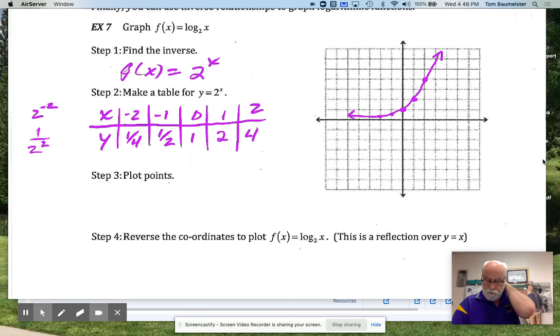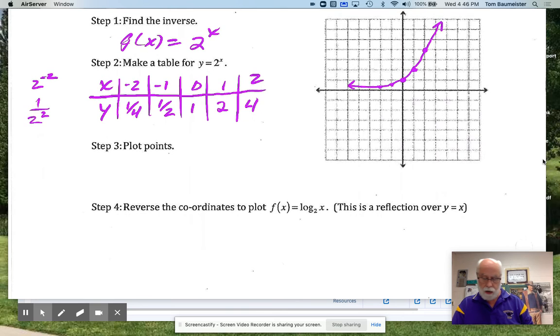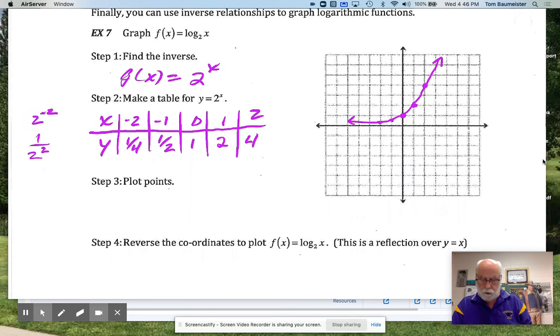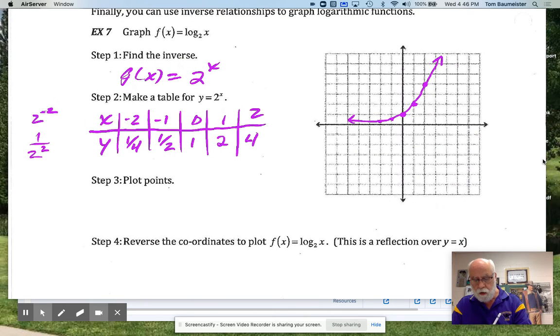And then we're going to reverse the coordinates to plot f of x is equal to log base 2 of x. And what we're going to see is that it is a reflection over the line y is equal to x. So let's go ahead and draw that y is equal to x. When x is 0, y is equal to 0.